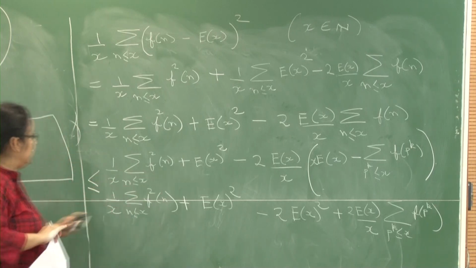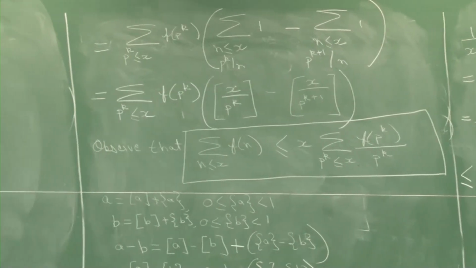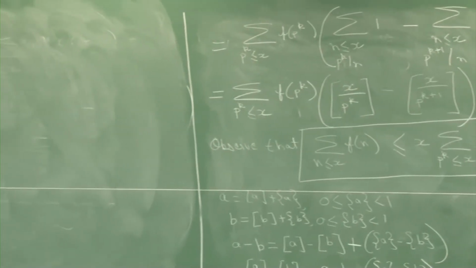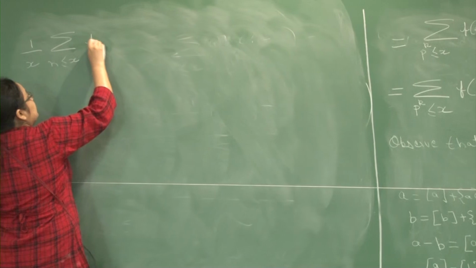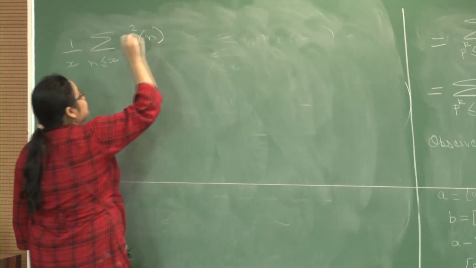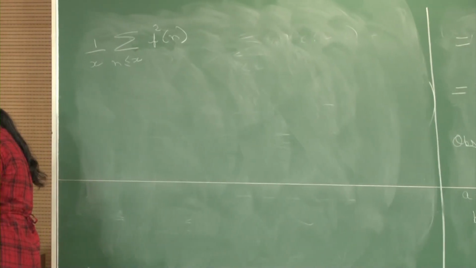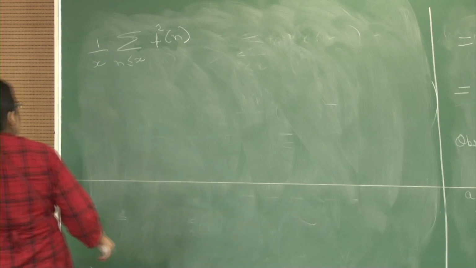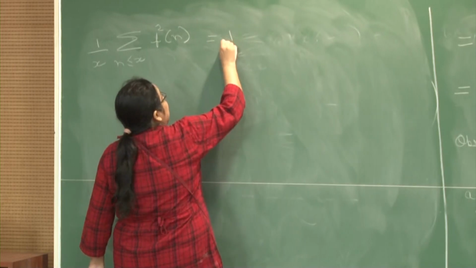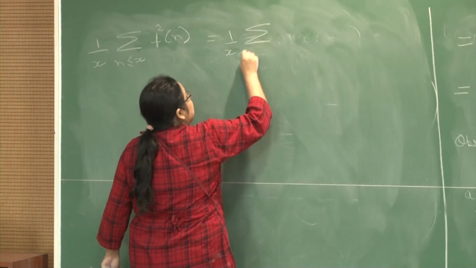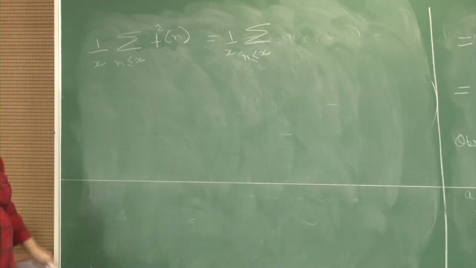Now, let us look at the only term that remains. So, 1 by x summation n less than or equal to x f square of n. What do we have here? This is equal to 1 over x summation n less than or equal to x f of n times f of n.